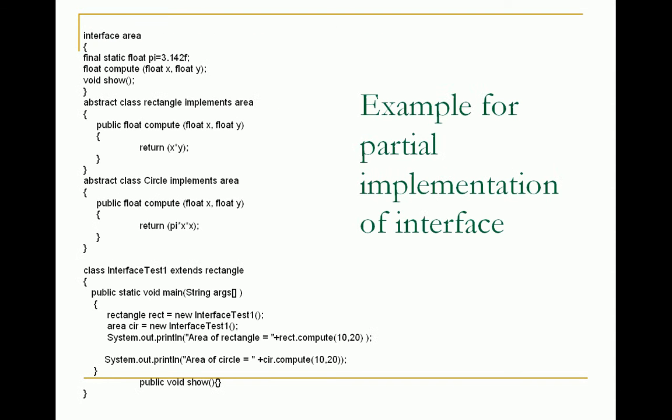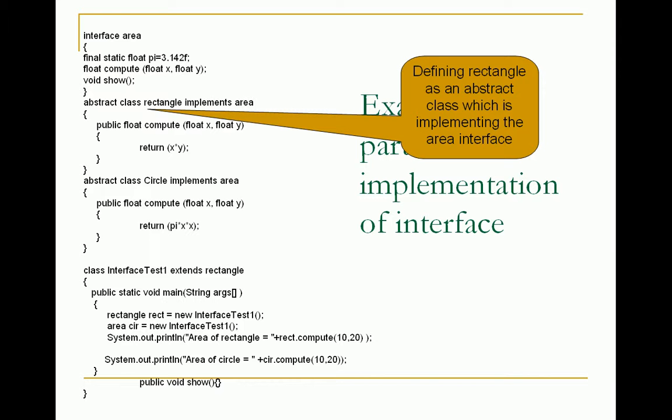We will see an example of how to implement the partial implementation of the interface. Taking the same example, but we have included a void show method in the interface area. Same interface area, and the class rectangle here is defined as an abstract class because it is implementing the area interface but only one method.